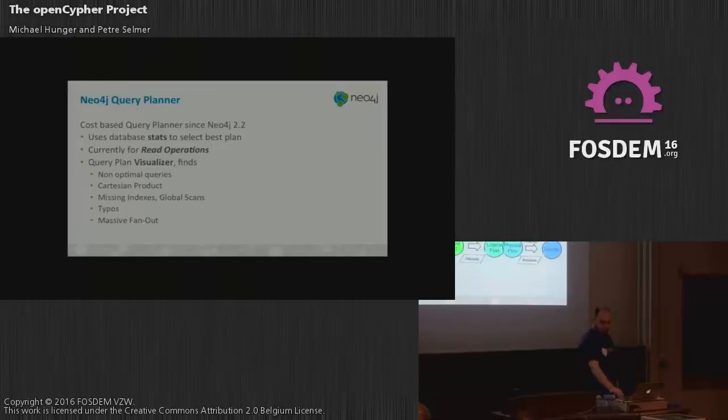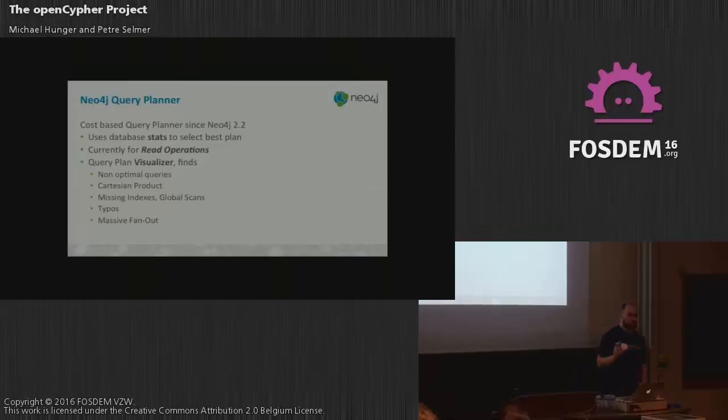So it looks like this in pictures. And yeah, since 2.2 we're using by default the cost-based optimizer with database statistics. While the database is transactionally adding data, we also transactionally update the statistics of the database, like degrees of nodes, degrees by type and direction, selectivity of properties, selectivities of indexes, and stuff like that.